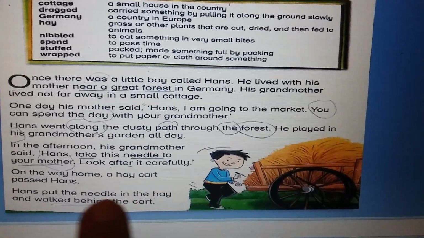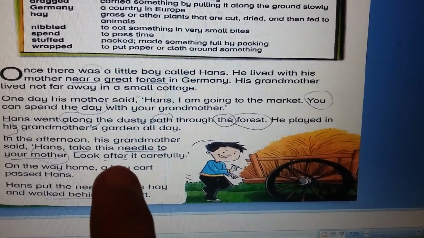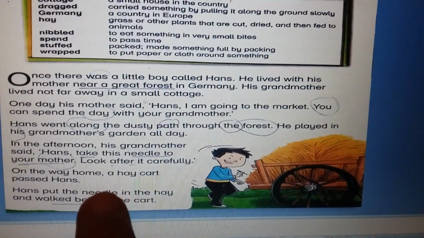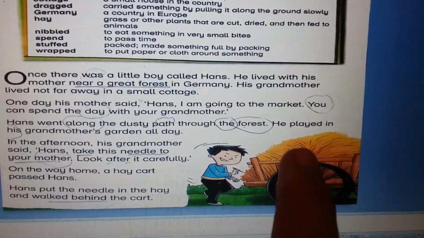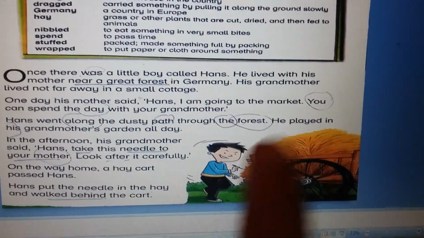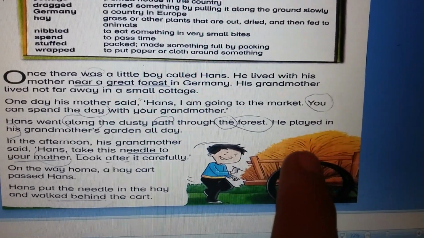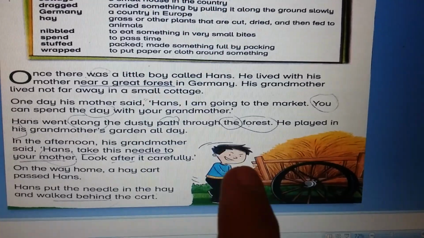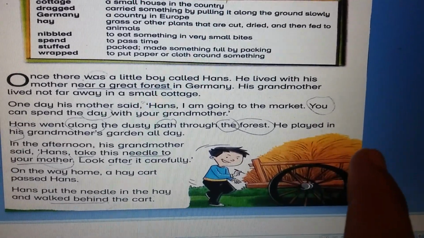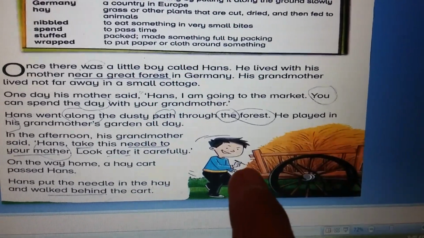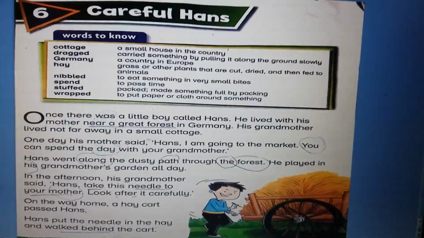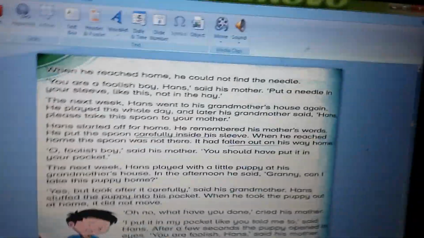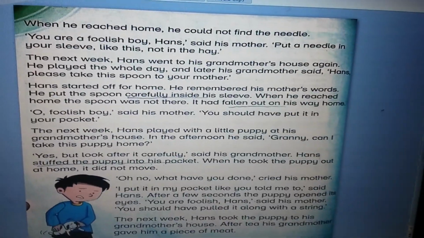His grandmother gave him a needle. Where did he put the needle? In the hay. Where was the hay? On the hay cart. And where was the hay cart? In front of it. Who was dragging it? A donkey. Okay. Now turn the next page and I will read.